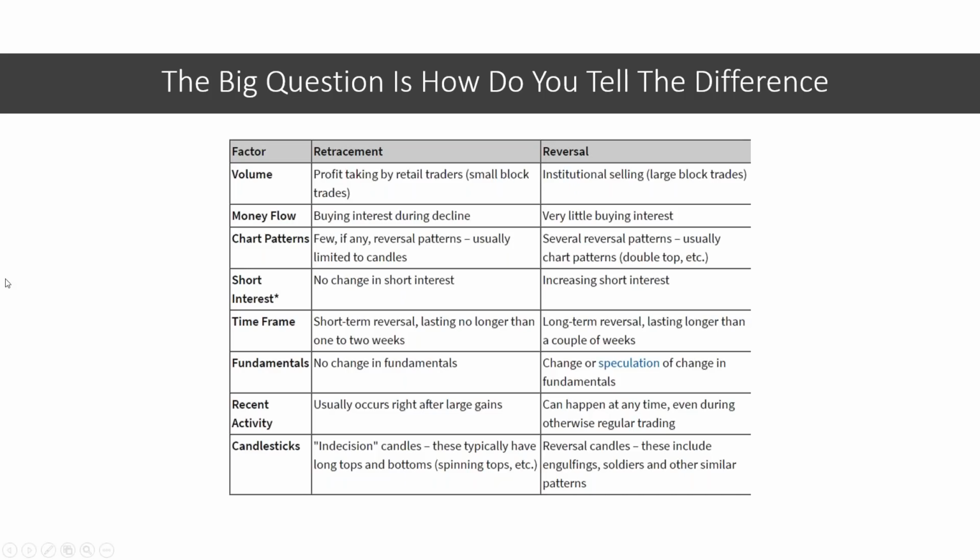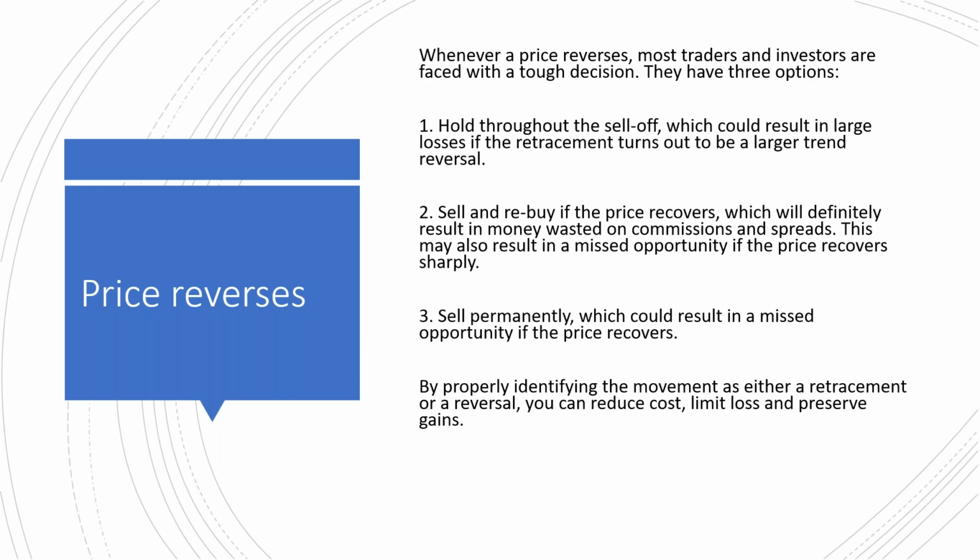Now, there are some candlesticks, like a lot of dojis, a lot of indecision candles might happen. Whereas for reversals, we might see engulfing candles or three black soldiers. But again, it's very hard to recognize these.